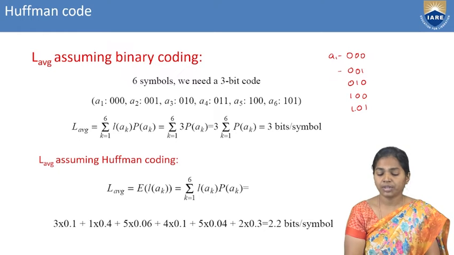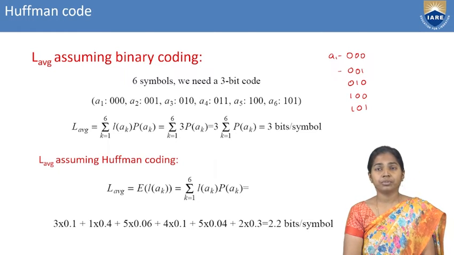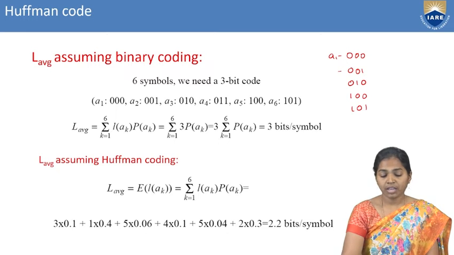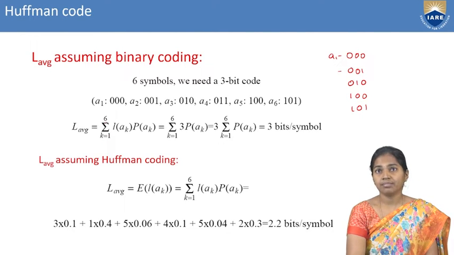Then what is the formula to calculate L average? L average equals the sum from K equals 1 to L minus 1 of I of AK into P of AK.